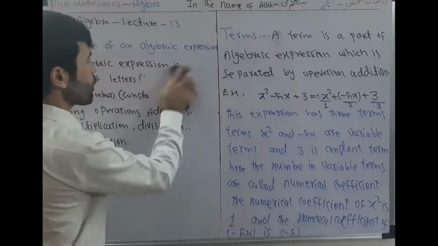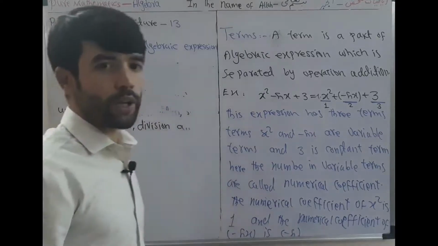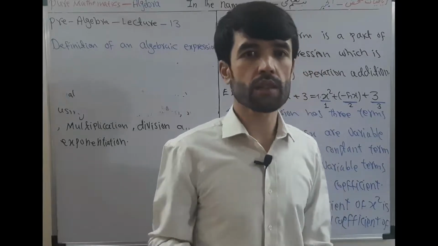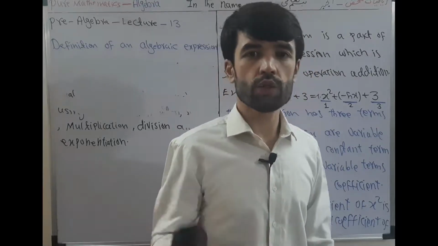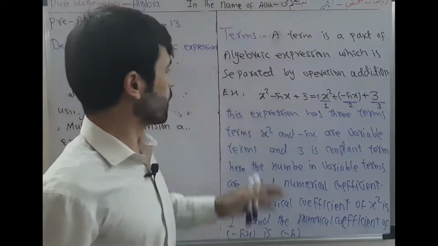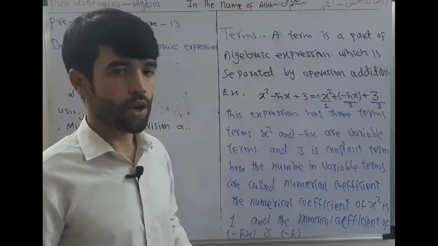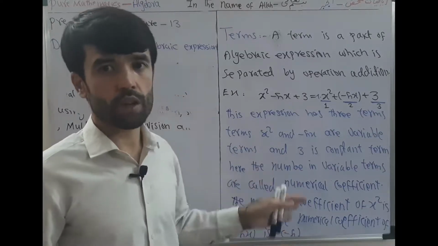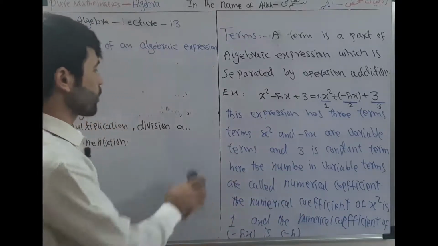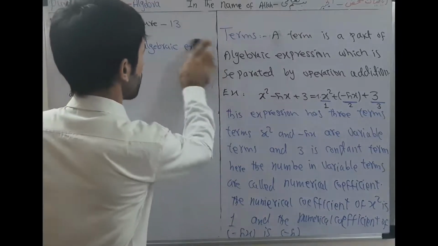We explain it here because in power or exponent we will use algebraic terms, with letters like x squared, x cubed, x to the power 4, and so on. For this reason we studied it here, but we will study this expression again in the polynomial part of algebra.